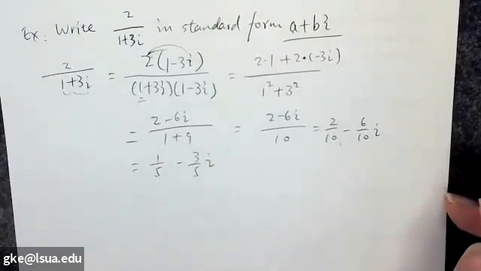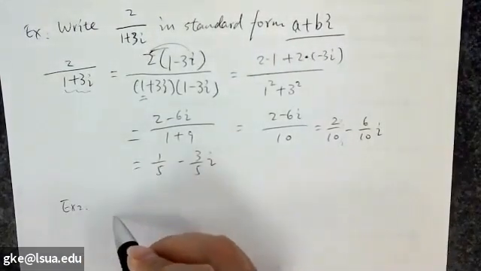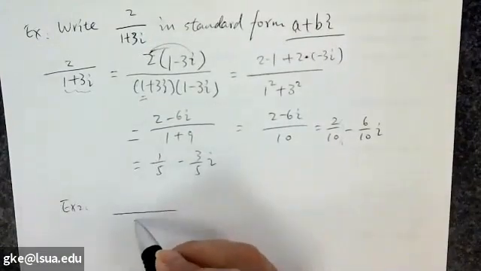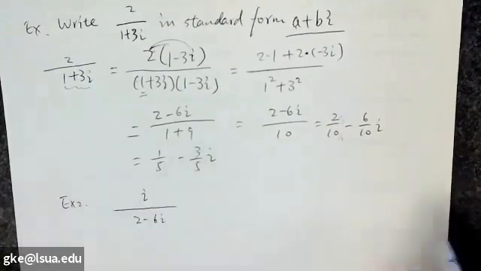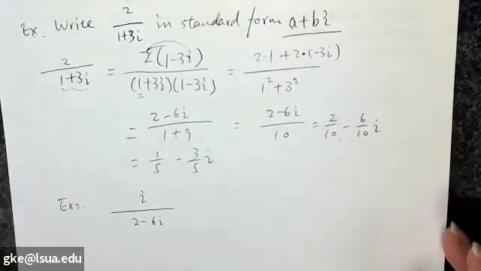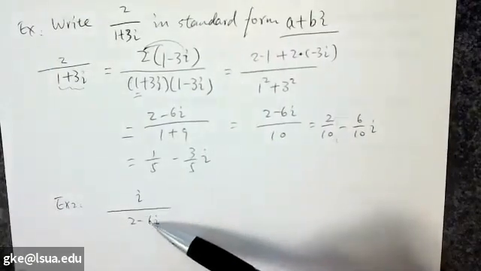Okay, so that's the answer. Now I'm gonna give you guys another example, and I wish this time everybody can make it. Now it is i divided by 2 minus 6i.